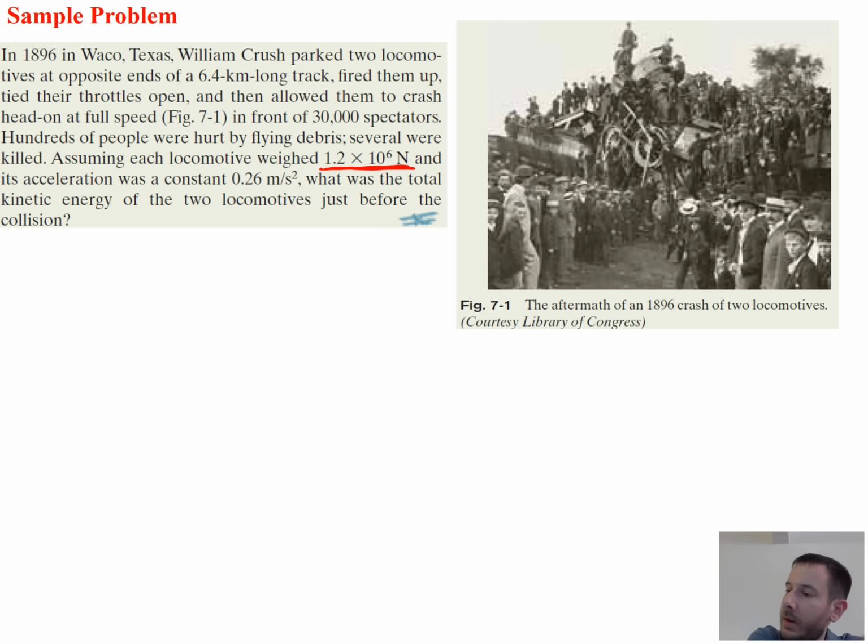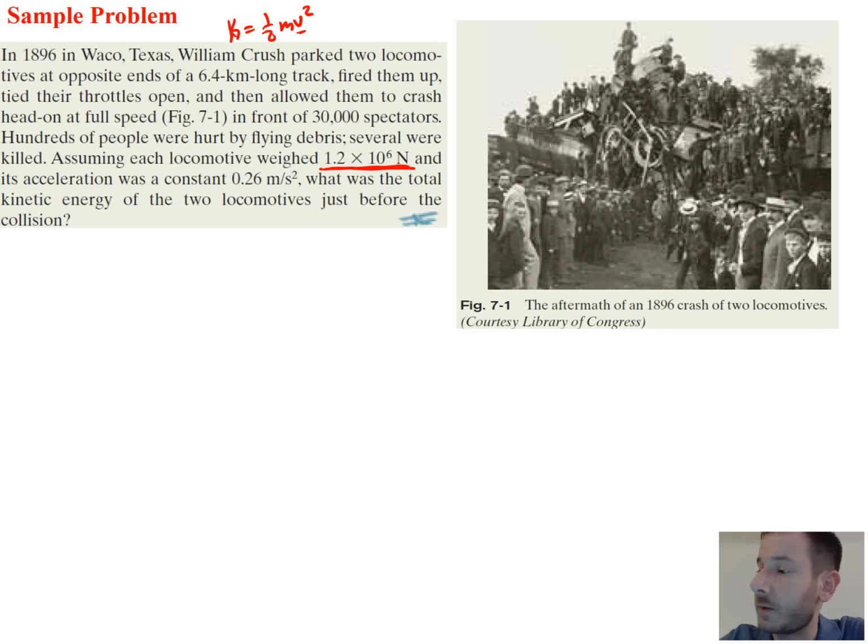So let's first start by figuring out what the speed was right before they collided. Because with our equation, kinetic energy is 1/2 mv squared, we need to know what the velocity is to find the kinetic energy. We know the acceleration. To find the velocity, we can just use our kinematic equation.